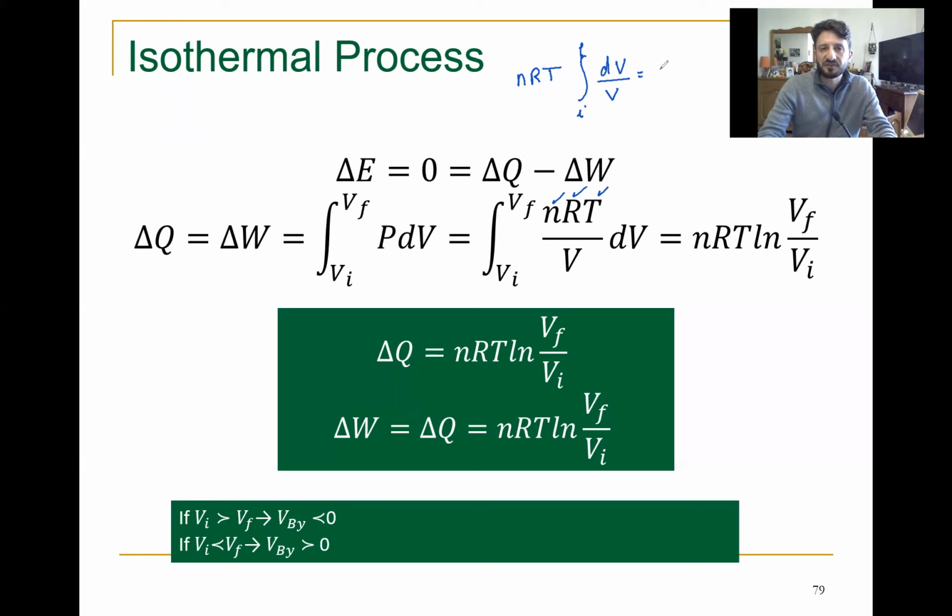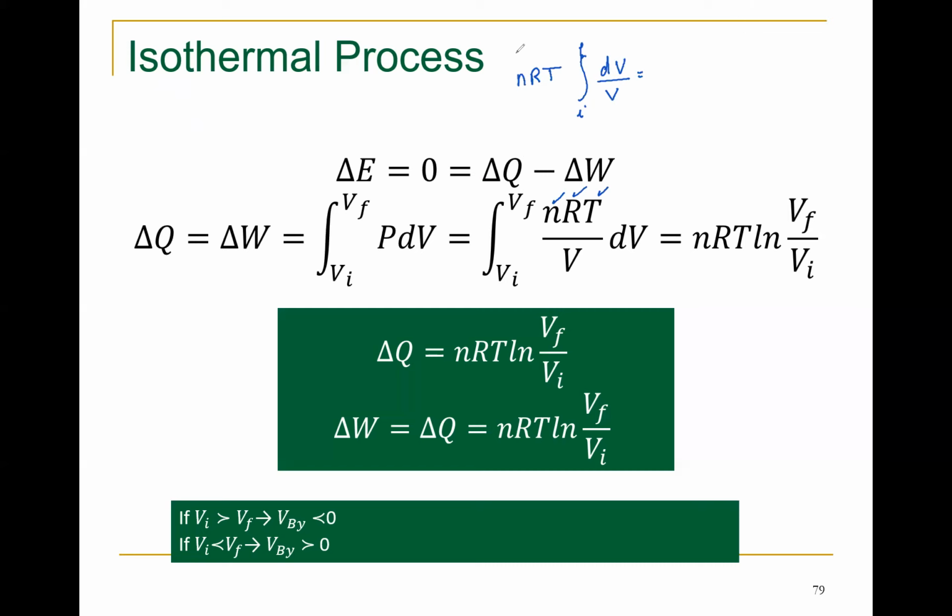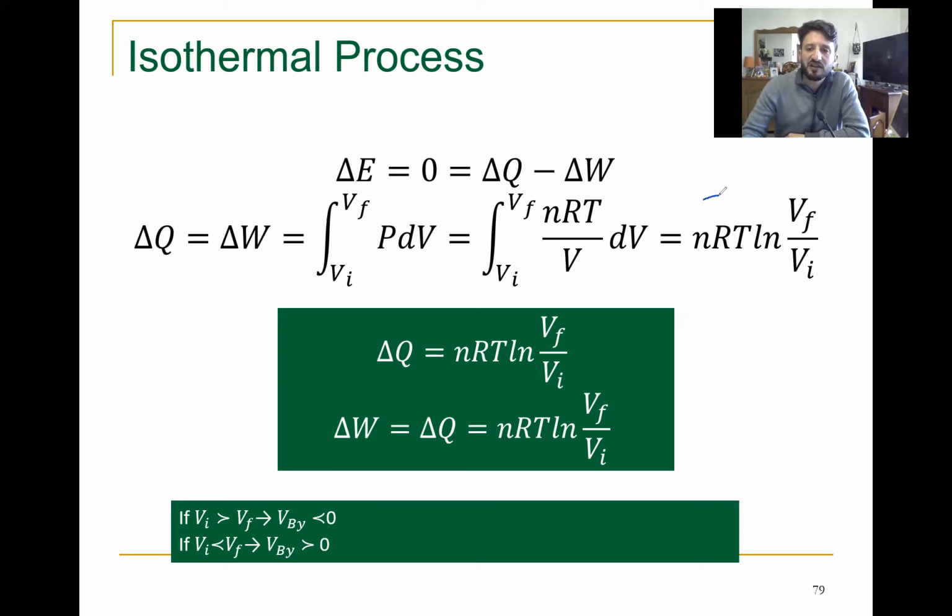You know, the integral of dV divided by V equals ln V. Let me write, equals nRT ln V between initial and final, equals nRT times ln V final minus ln V initial. ln A minus ln B equals ln A divided by B, so equals nRT ln V final divided by V initial. Okay. This is the final answer.